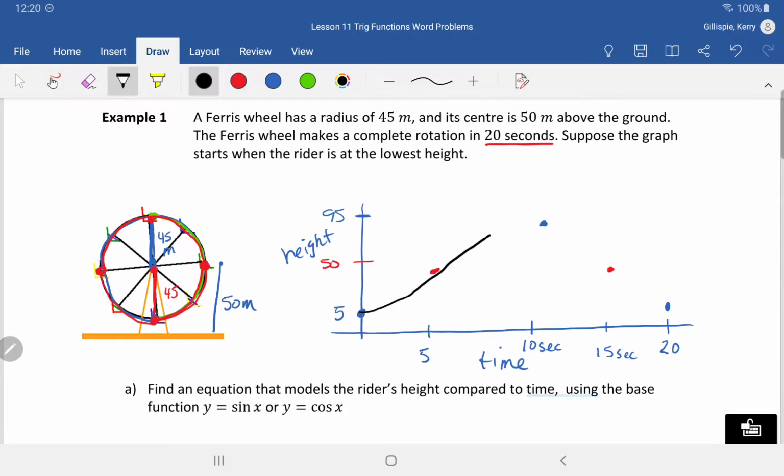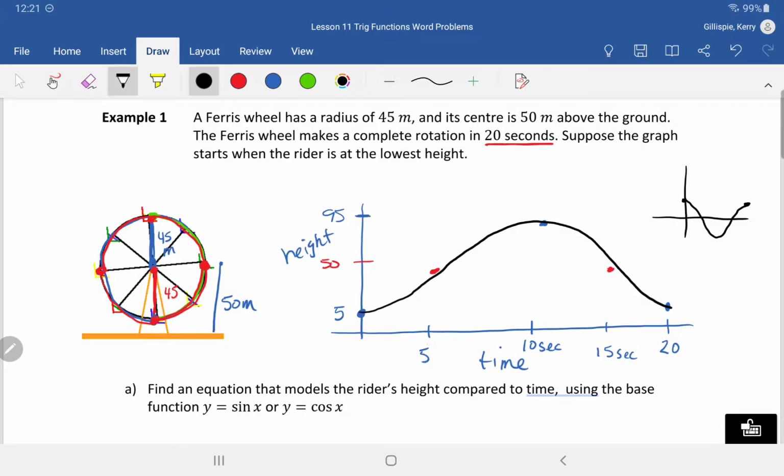So we have this function. Again, my graph's not quite perfect because my scale is too spaced out between 0 and 10 compared to 10 and 20. But it is a cosine graph. It's inverted. Remember that a normal cosine graph is at its max first and then back up to its max.